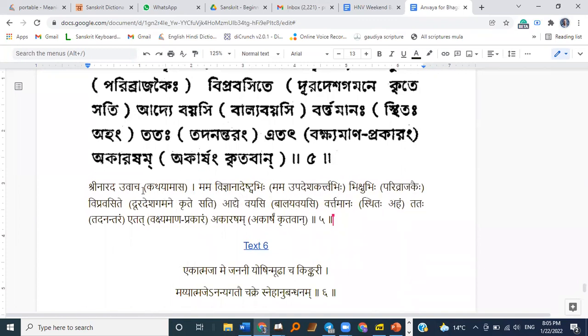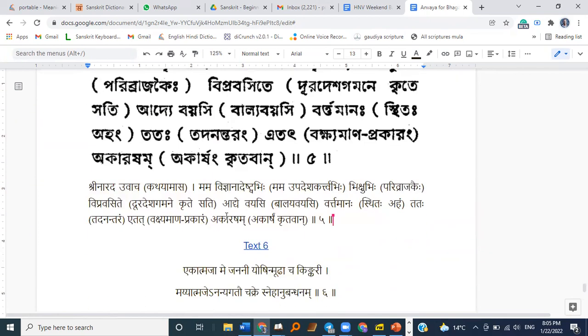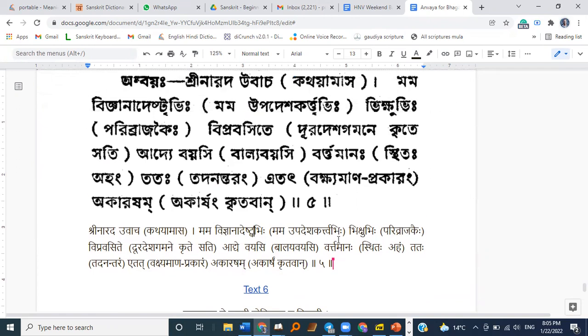Kathayamasa Mama Vijnana Desh. What is that? Mama Vijnana Deshtribhi. Oh, sorry, did I miss the A? Desh Vijnana Deshtri. So this would be tree. Deshtribhi. Mama Upadesha. And this would be Kartri. Bhikshubhi Parivrajakaih Vipravasite.